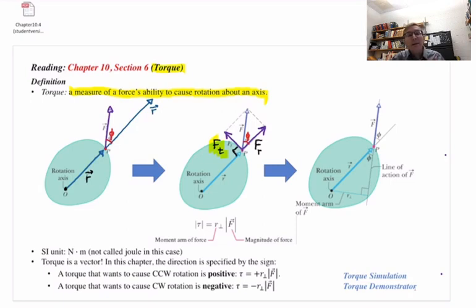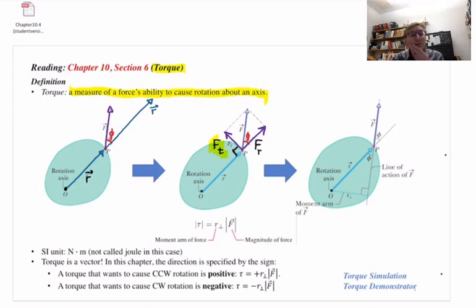And you can never get an object to rotate with a force that lines up with the axis of rotation. Try to open a door by pushing with the force that lines up with the hinges itself. You may have to practice that a little bit. You can never get the object to rotate that way. So it's F tangential that's contributing to the rotation of this thing.